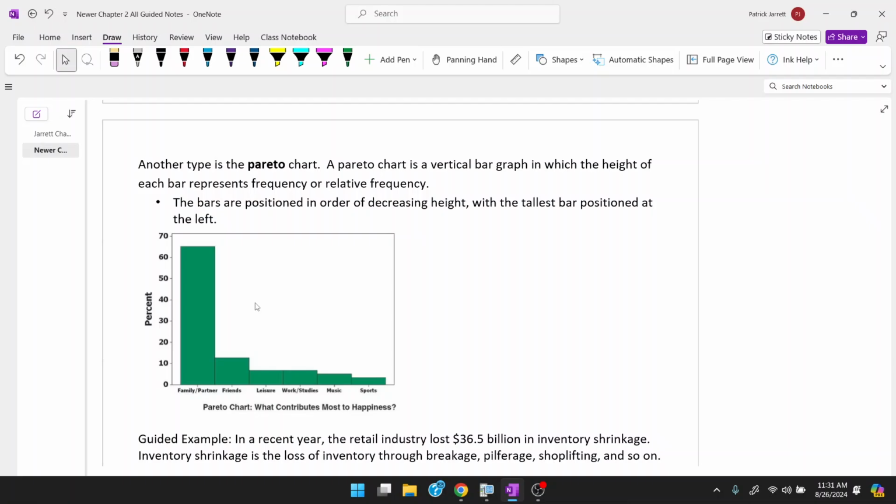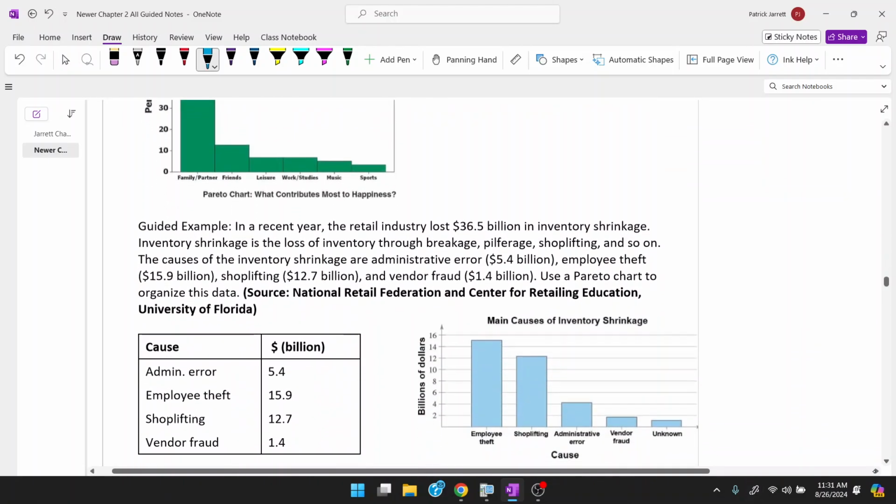Now, one thing I always get a kick out of, who in here has worked retail before? In a recent year, retail has lost $36.5 billion in inventory shrinkage. And inventory shrinkage is the loss of inventory through breakage, pilferage, shoplifting, and so on.